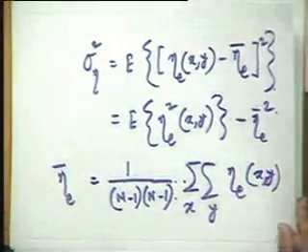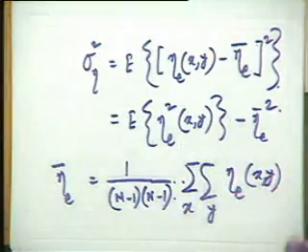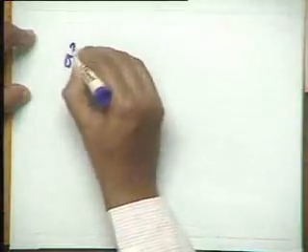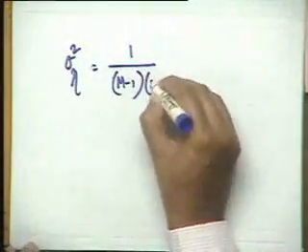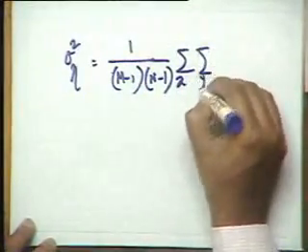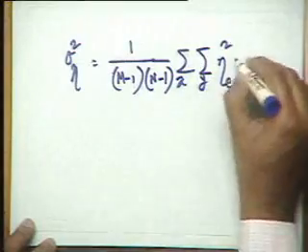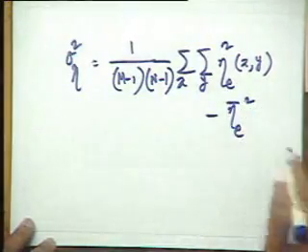Since the expectation of eta square e xy can be computed as the mean of all eta squares, that can be substituted for the expectation, and thereby we write sigma square eta equals 1 upon m minus 1 n minus 1, summation x summation y eta square e xy minus eta e bar square.